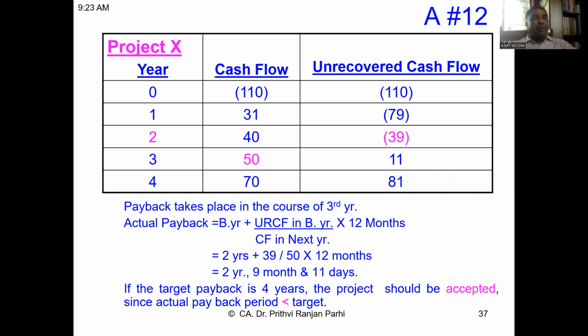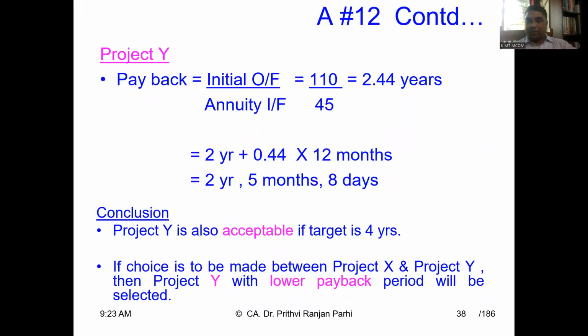This is how payback period is computed, and on that basis projects are selected. A project where the cash payback period is less is a good project over the project where the cash payback period is more. This method suggests this. The same way, project Y can also be evaluated. Project Y's payback period comes to 2 years, 5 months, and 8 days.